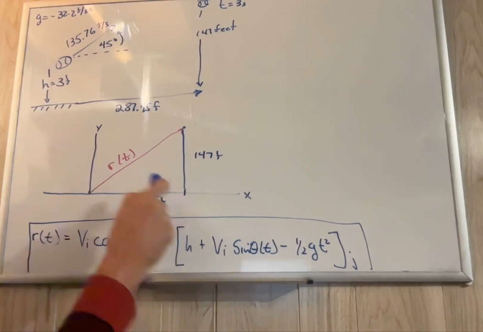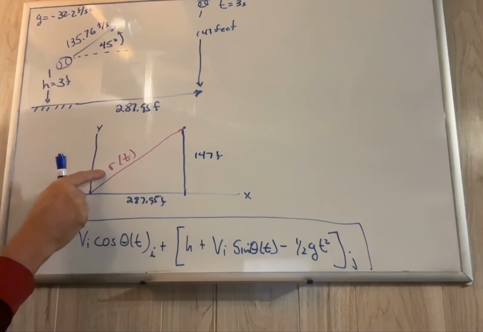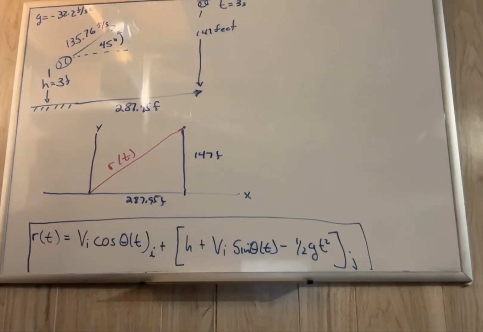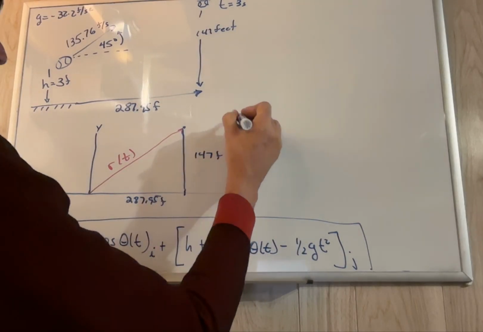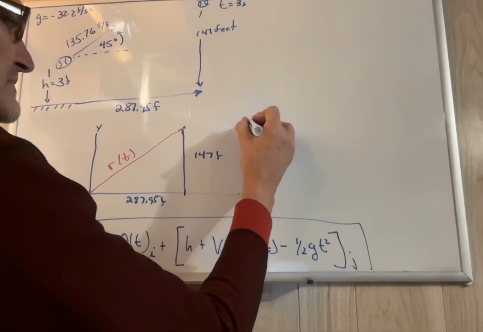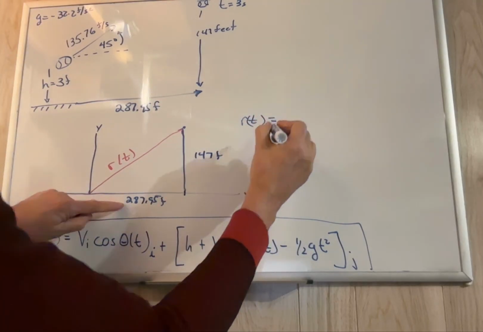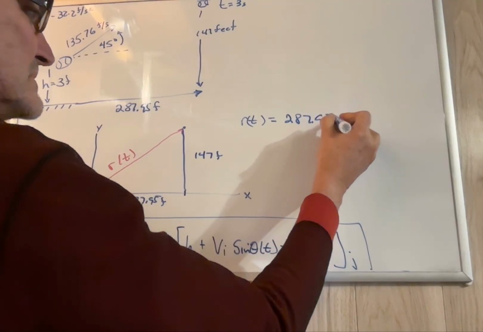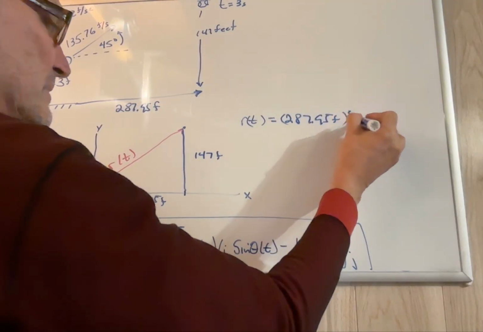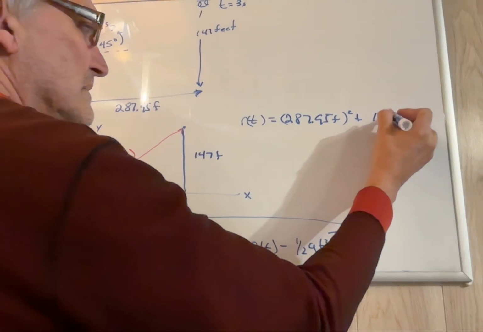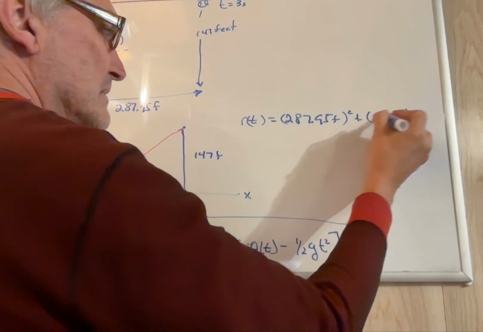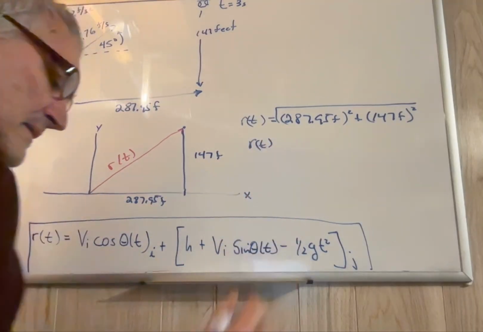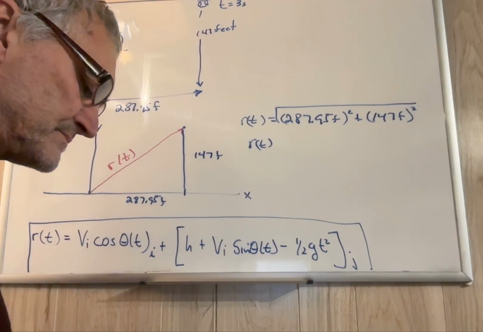We could find out the value of R of T by taking what? You would add these together vectorially. So R of T, probably have to get my calculator out to do it. R of T is going to be the square root of 287.95 feet squared plus 147 feet squared.